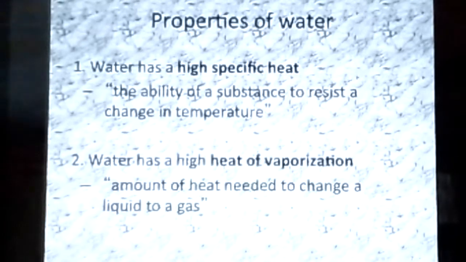The reason it took so long was because of this property of high specific heat. As the temperature comes from the stove into the water, the hydrogen bonds absorb that energy. They absorb it and absorb it and absorb it. Finally, when they can't absorb any more heat, they break apart.